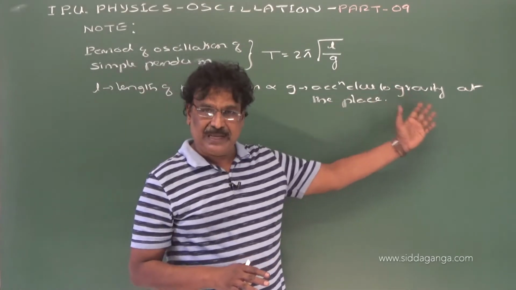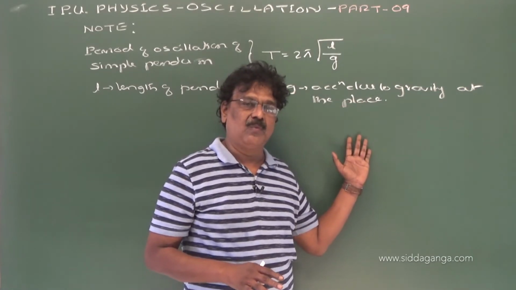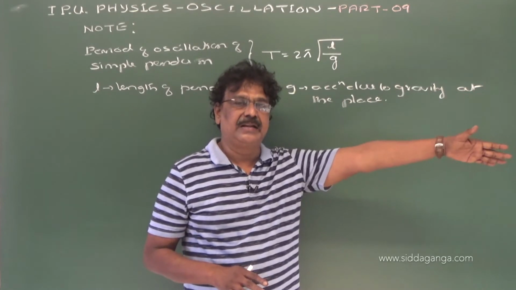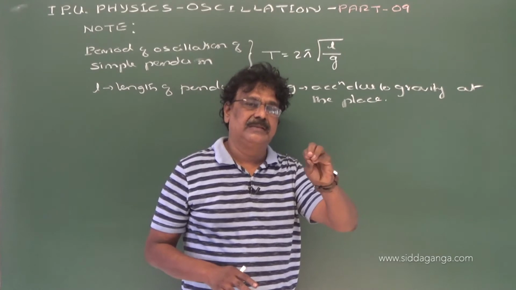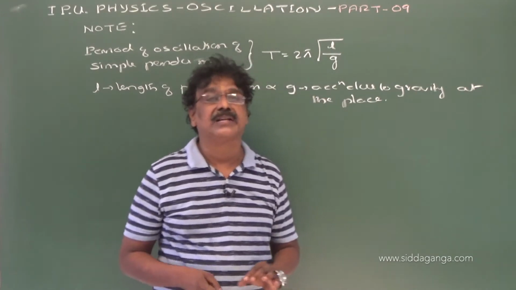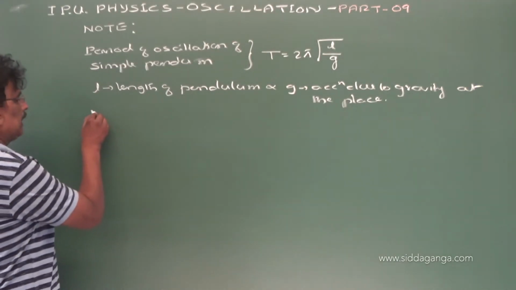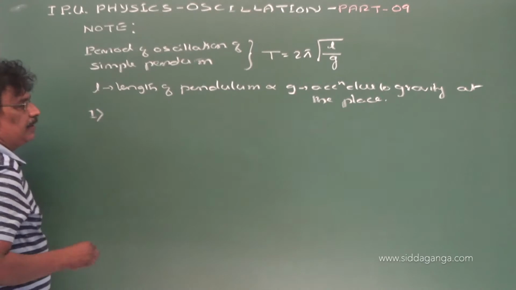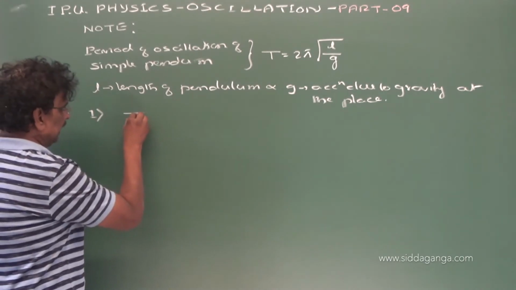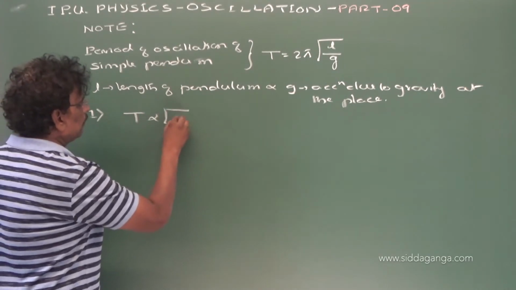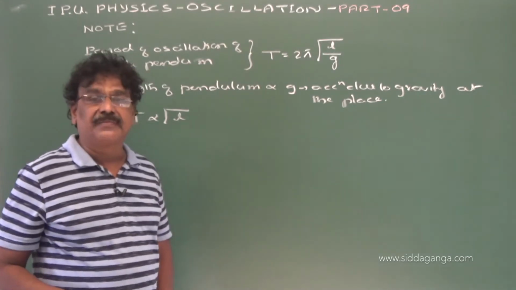Suppose the same simple pendulum is taken from one place to another place, in that particular case the period depends upon acceleration due to gravity, right? Now number one, the period of simple pendulum T is directly proportional to square root of the length of the pendulum, right?